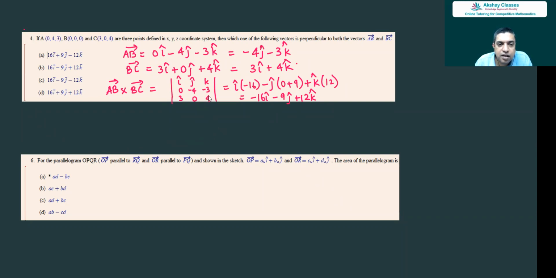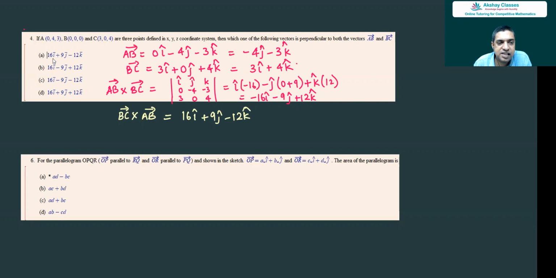Now AB cross BC, we have got this. Similarly, the negative of this will be BC cross AB, that is 16i plus 9j minus 12k. So both of these vectors will be perpendicular to both AB bar and BC bar. So now compare.